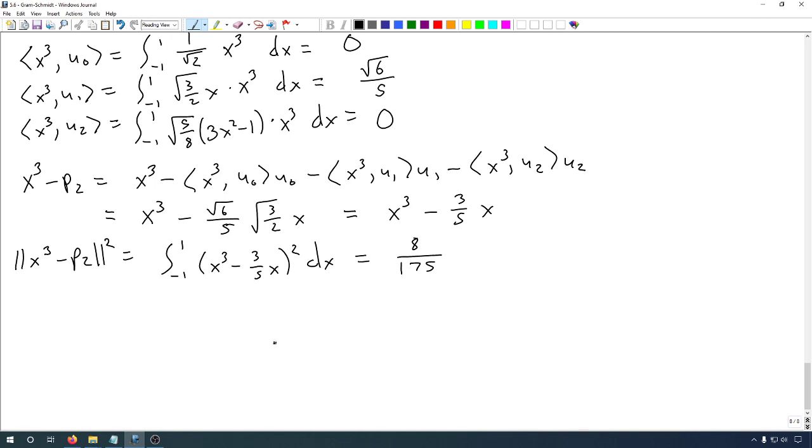So we get to get u3, our next basis vector. We're going to divide x cubed minus p2 over that norm. Of course, the norm here is not 8 over 175. We actually do need to square root this.